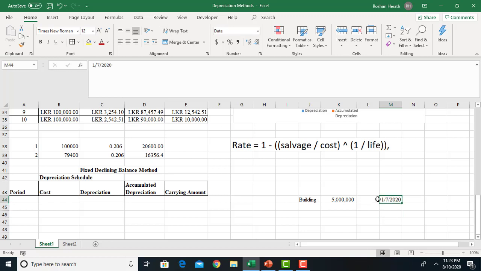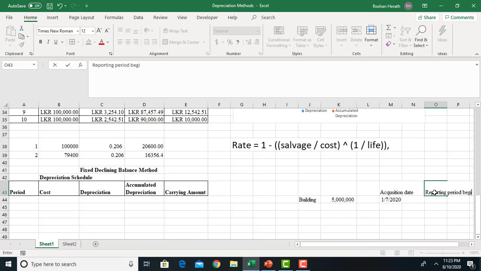And your reporting period is different from the acquisition date, the date you acquire it. Your reporting period begins on say 1st of April 2020, right?